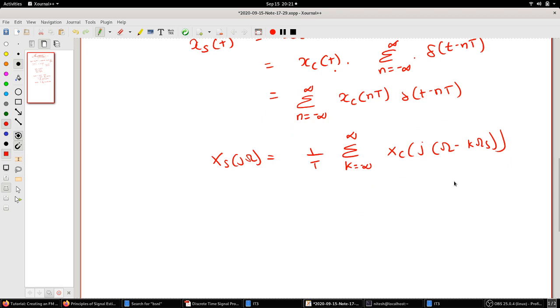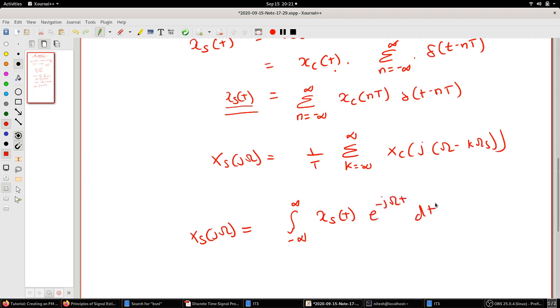Now here xc of nT into delta of t minus nT is the time domain expression. So if I want to take a Fourier transform of this, xs of j omega will be equal to the integral from minus infinity to infinity of xs of t into e raised to minus j omega t dt. This is what you get.